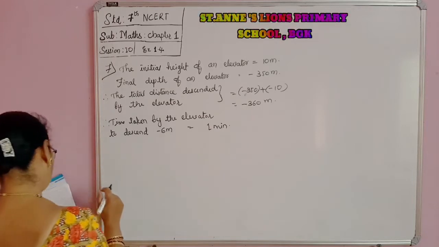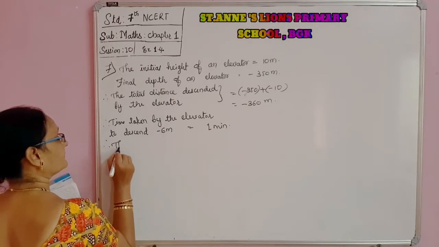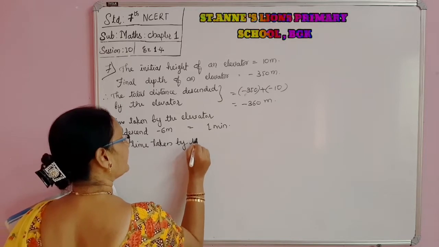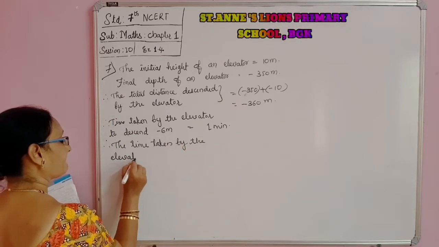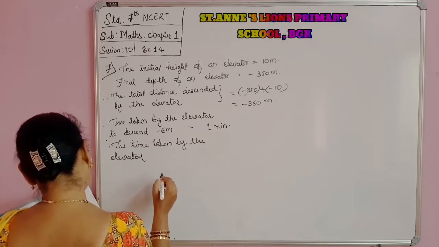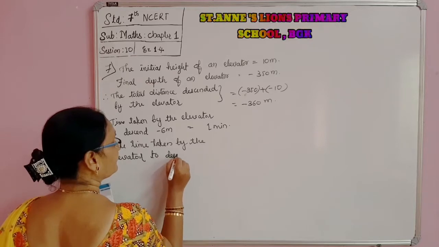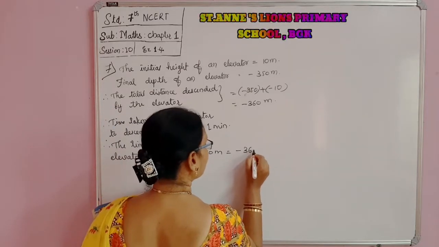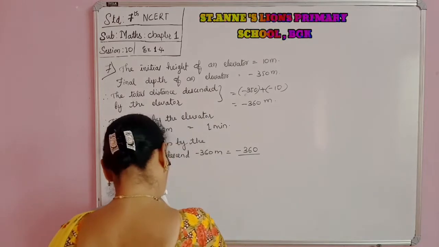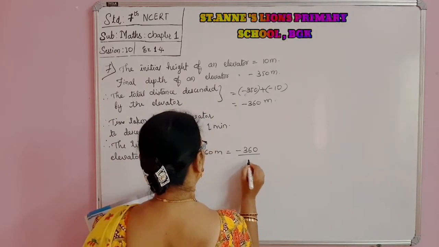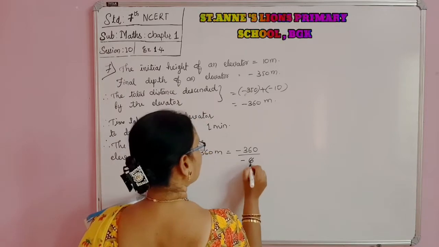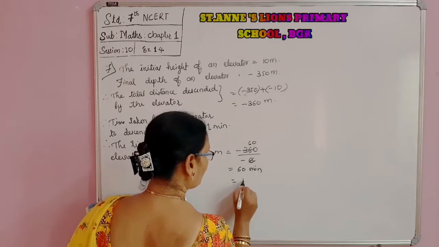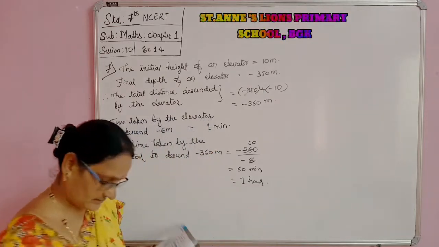Therefore the time taken by the elevator to descend minus 360 meters is equal to minus 360 meters divided by minus 6 meters per minute. 6 ones are 6, 6 tens are 60, minus by minus is plus, that is 60 minutes, which is equal to 1 hour. This is the needed answer for us.